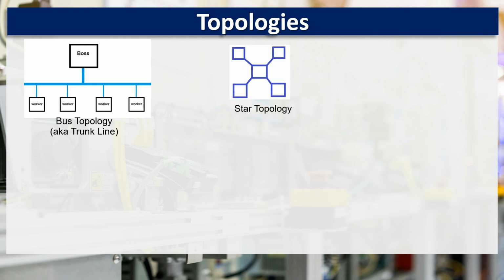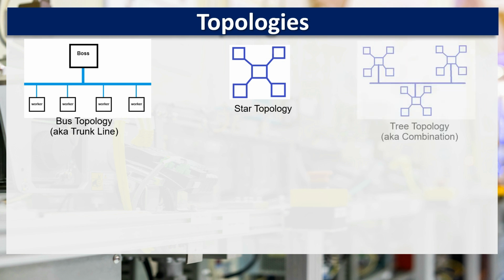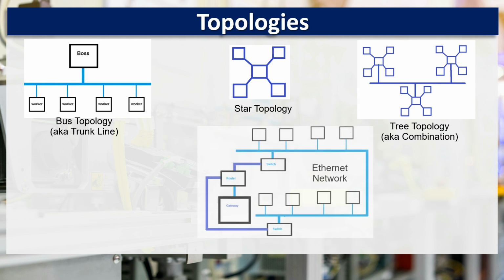It looks like basically a star. You have a central unit and then it spreads out and talks to other devices on its network. A combination of that is called tree topology, where it literally is a bus topology with a series of star topologies attached to it.